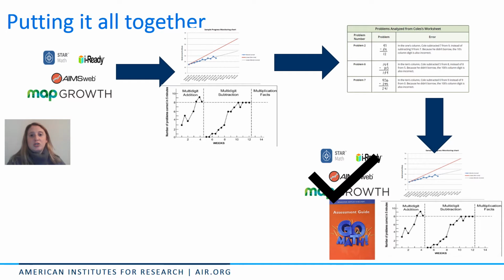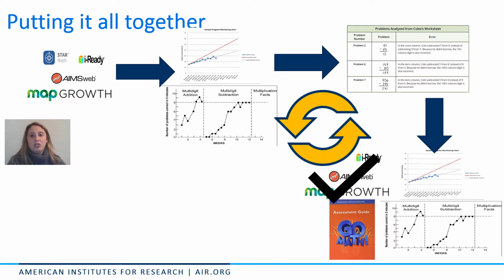Simultaneously, we are continuing to screen all students universally and use formative assessment data such as curricular assessments to support the student identification of risk. This cycle continues throughout the year.